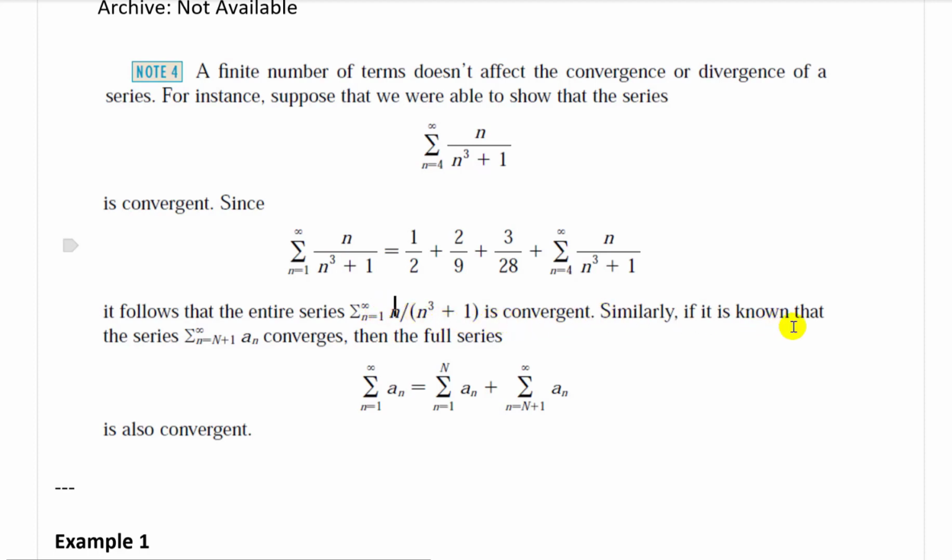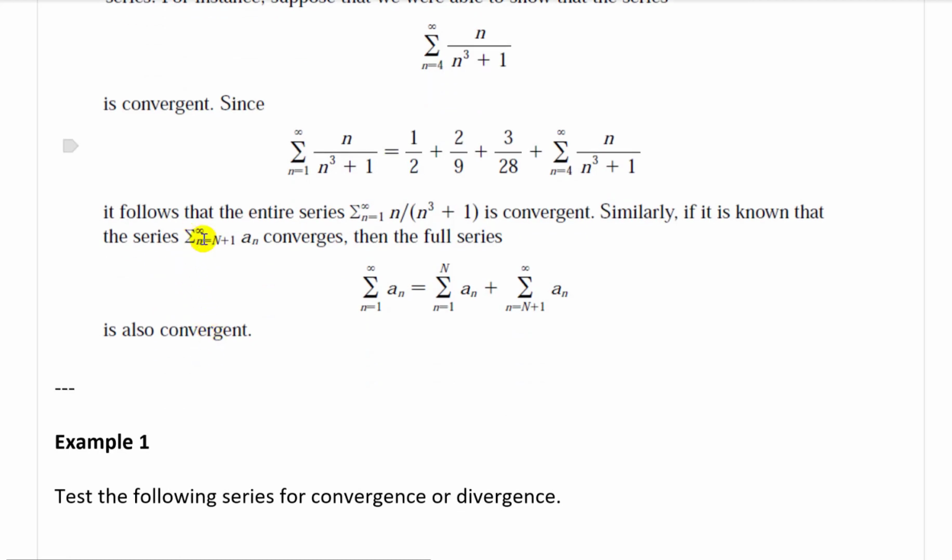Similarly, if it is known that the series from n equals capital N plus 1 to infinity of an converges, then the full series from n equals 1 to infinity of an equals the summation from n equals 1 up to capital N of an, plus the summation from n equals capital N plus 1 to infinity of an.